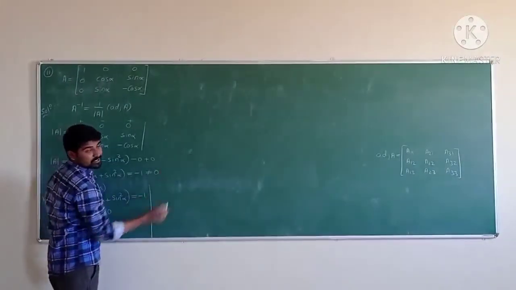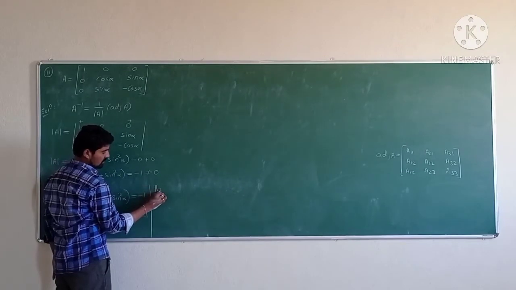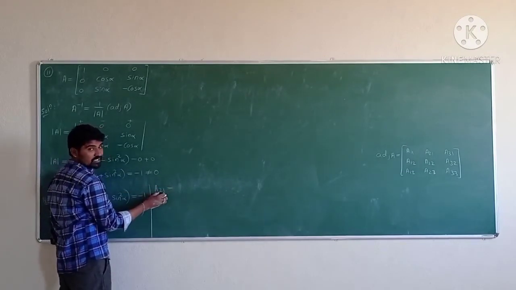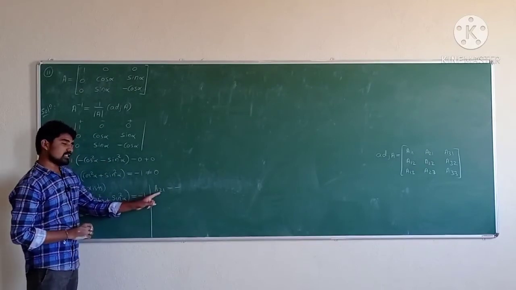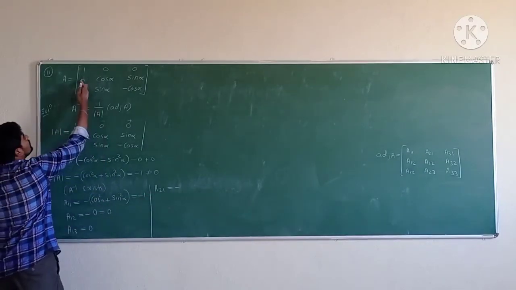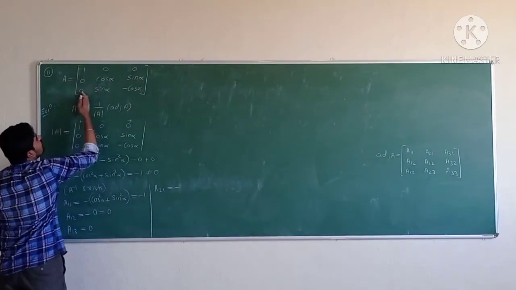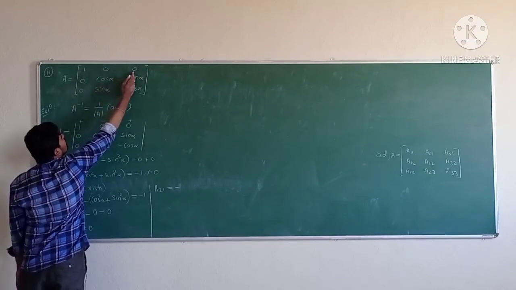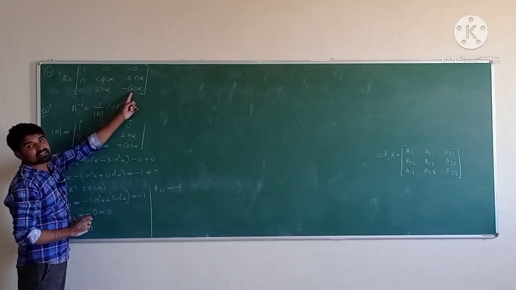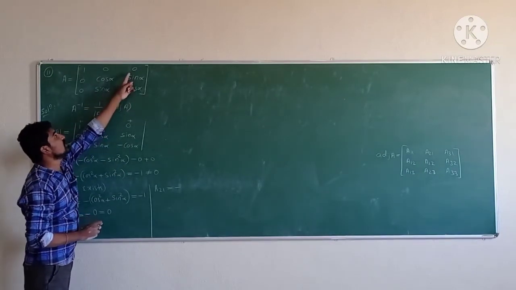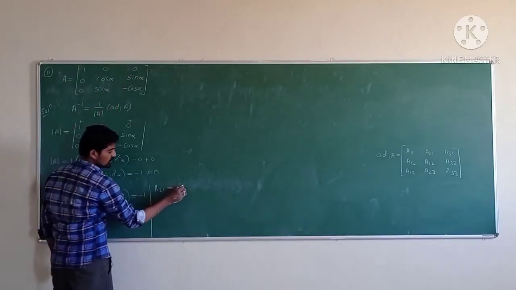And next A21, 2 plus 1 is odd, therefore multiplied by minus, and is obtained by deleting the second row, first column. After deleting this second row, first column, remaining elements 0, 0, sin alpha, minus cos alpha: 0 into minus cos alpha, 0, minus sin alpha into 0, 0. So 0 minus 0 is 0.